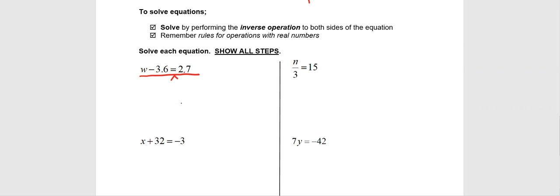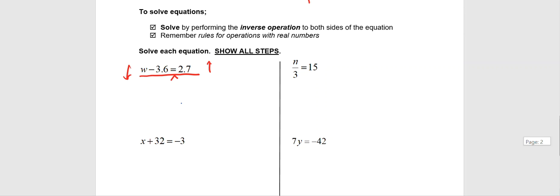And I want to keep that scale in balance at all times. So if I start to do something to one side of the equation, it's going to tip that equation out of scale or out of balance. So I want to make sure that I do what's necessary to both sides to keep things in equilibrium, to keep things equal. So that's just a fancy way of saying, by the time we're done, what you do to one side, you do to the other.